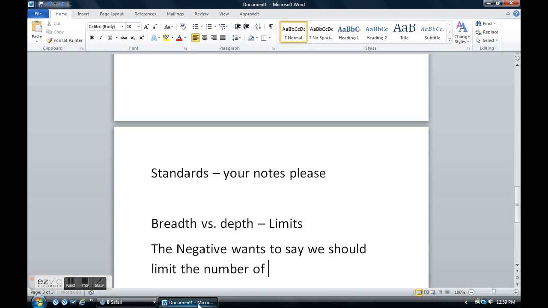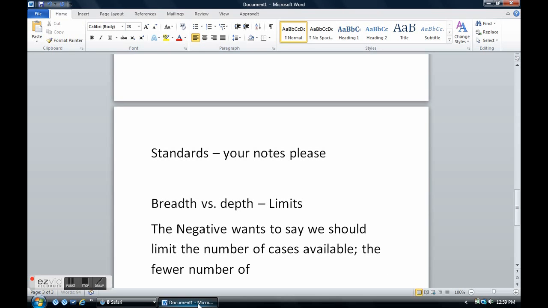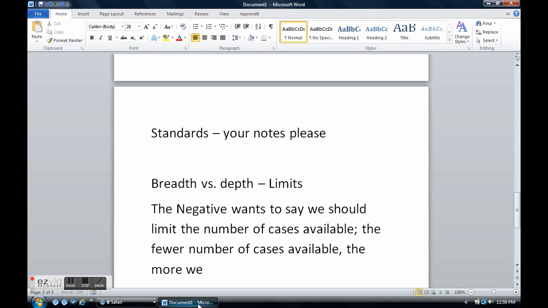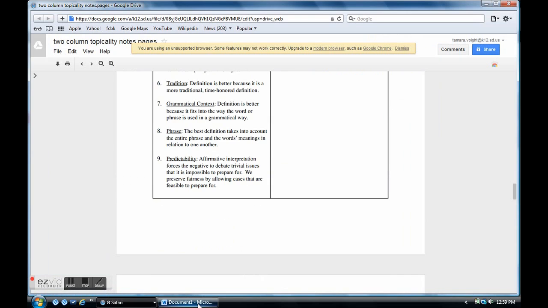So a definition that would say economic engagement has to be with adversaries would narrow the topic more, providing for more depth, whereas economic engagement, being with anyone, offers a more broad interpretation.